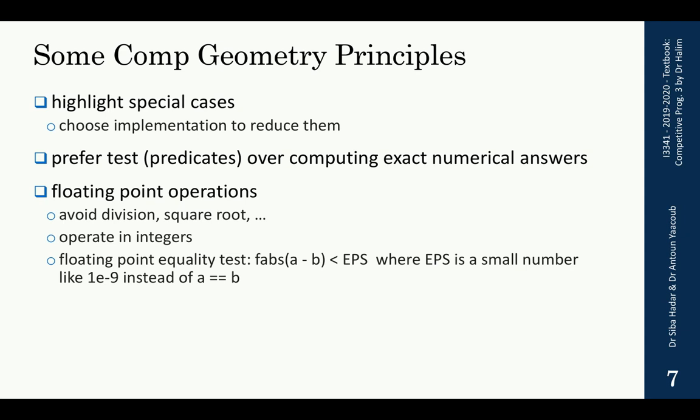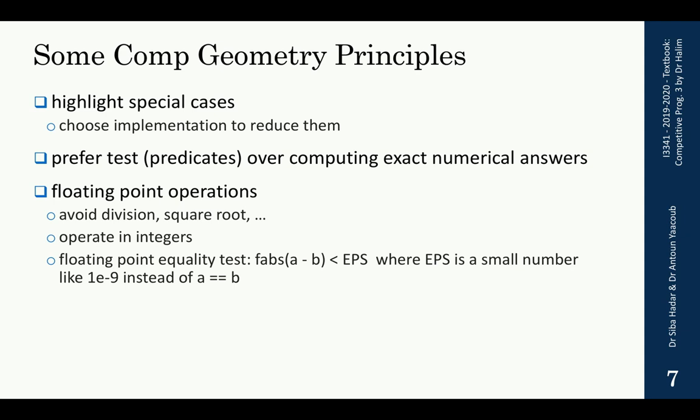The principles. Whenever possible, you must first highlight special cases before you proceed to implement any function. You have to always prefer test predicates. You have to prefer functions that return yes or no over computing the exact numerical answer. If you don't need the exact numerical answer, don't compute it. As for floating point operations, avoid divisions and square roots as much as possible, because they are heavy.